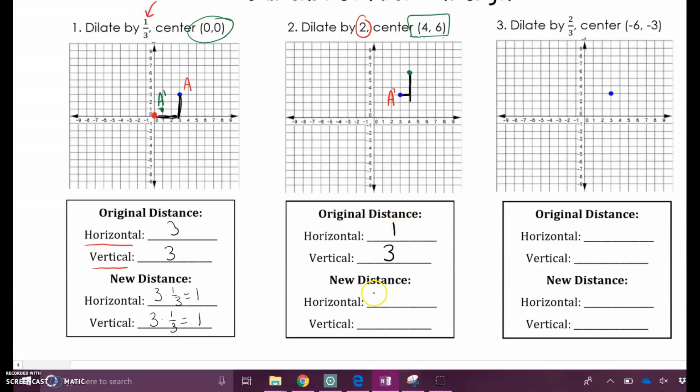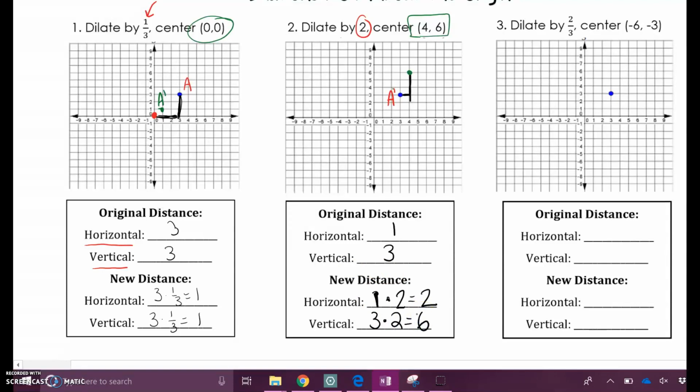So our new horizontal distance is 1 times our scale factor of 2. So we know it's going to be 2 away. Our vertical distance is 3, and our scale factor is 2, so we're going to do 3 times 2 to get 6.